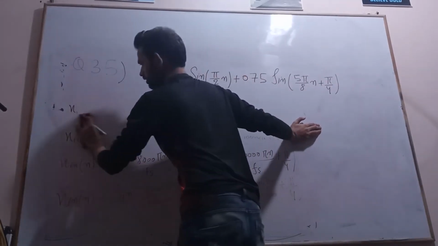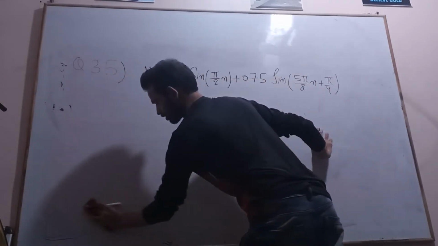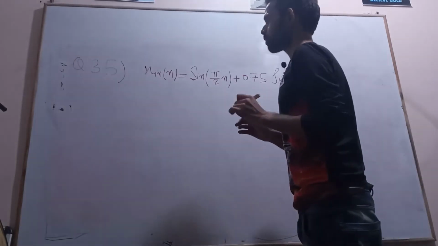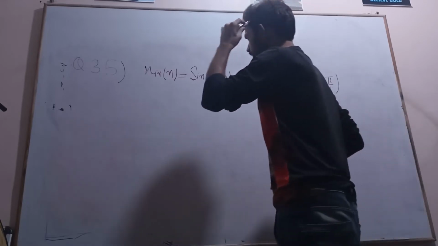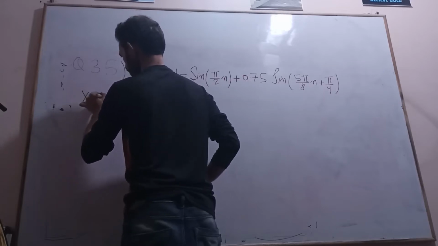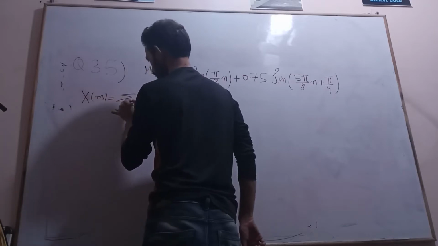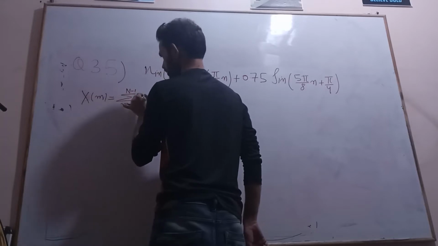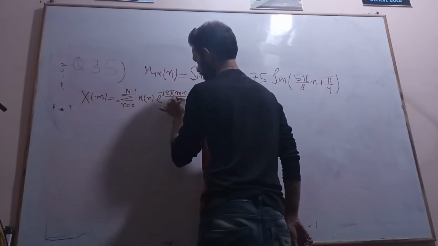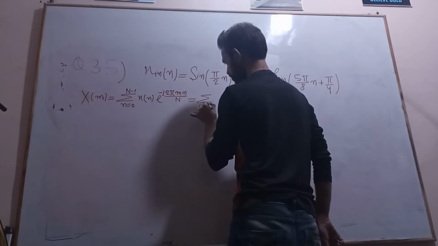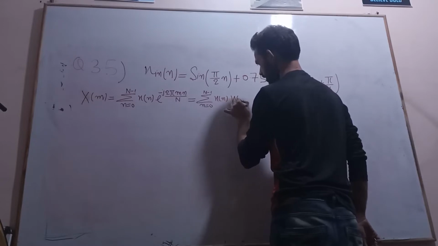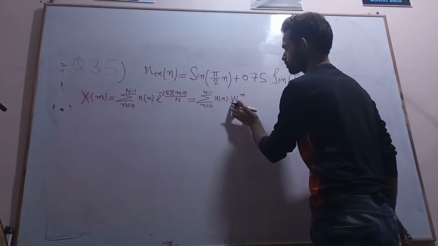Let us now do this further in order to calculate the DFT. An 8-point DFT is given, that is X of m equal to summation n equal to 0 to N minus 1 x of n e to the power minus j2 pi mn divided by N, or you can say summation x of n into twiddle factor W N to the power mn.